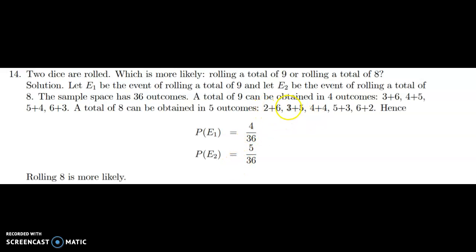How many? 1, 2, 3, 4, 5. 5 outcomes. So 5 over 36. Which of these two fractions is bigger? Obviously the second one. So rolling an 8 is more likely.